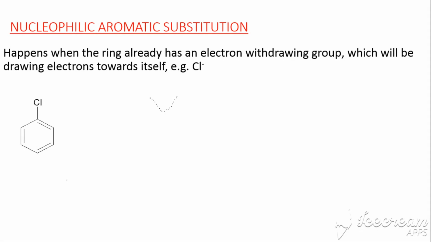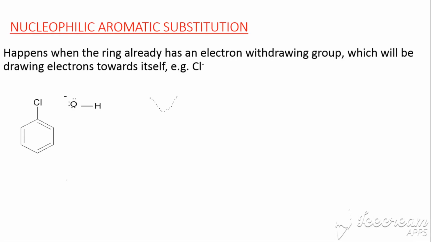It is highly electronegative, so it will be drawing electrons towards itself, meaning that the carbon atom which is bonded to the Cl will now be slightly positive.